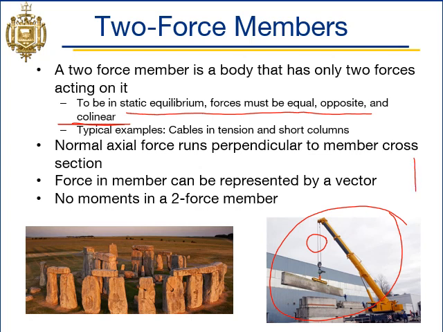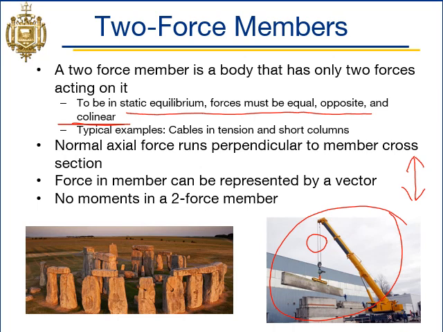So we've got the weight of our concrete beam pushing down, being pulled down by Earth. But then we also have the force of the crane pulling up on that beam, right? So that's our two-force member, our cable. We have a force down from the weight of the beam, and then a force up from the crane pulling that beam up.